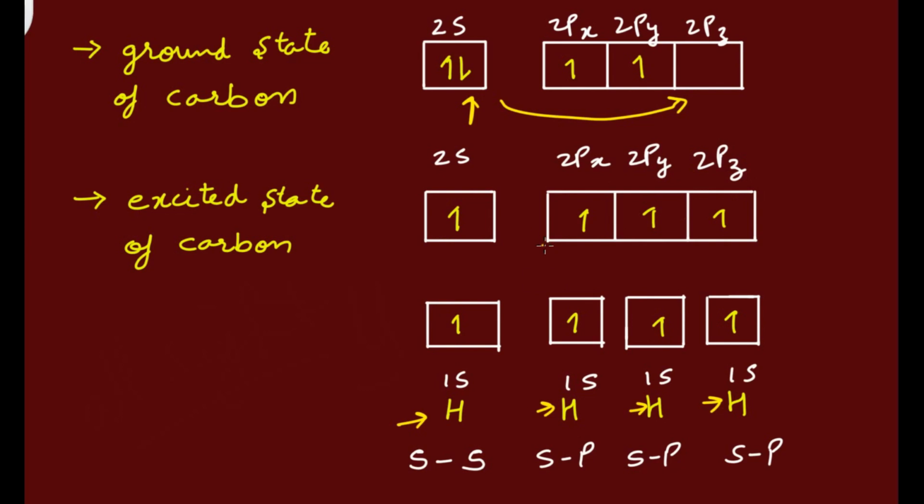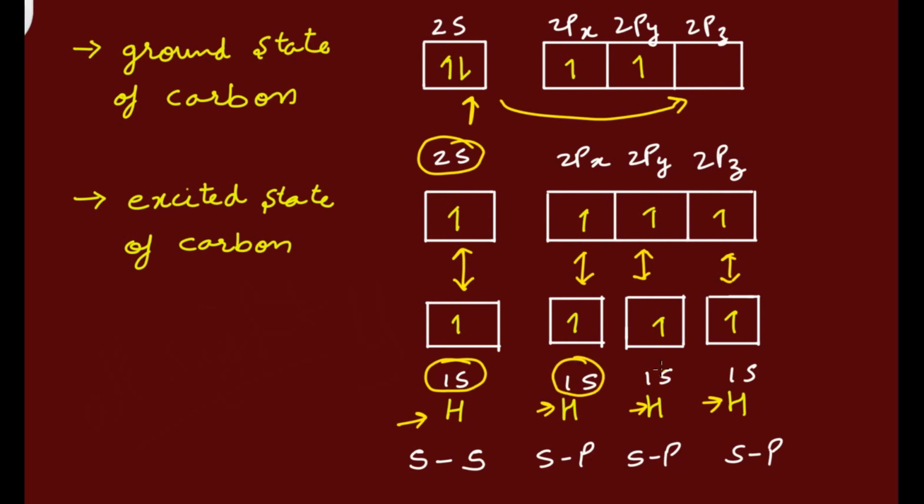Now if you make this bond between carbon and hydrogen, this will be one bond and these three will be bonds between carbon and hydrogen. If you look closely, this is the bond formed by the overlap of the 2s orbital and the 1s orbital of hydrogen, right? And now look at these three.